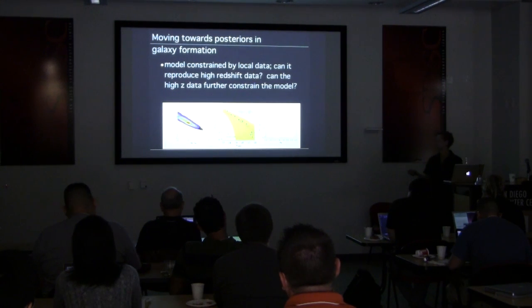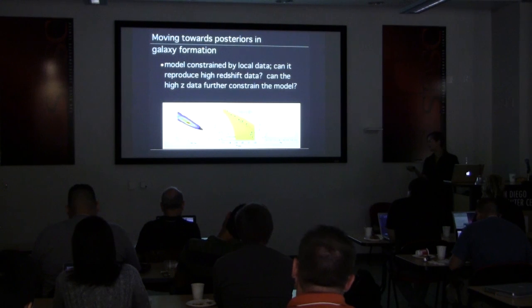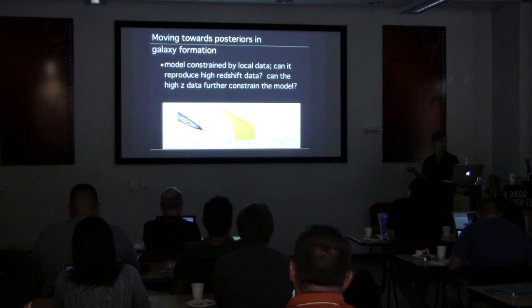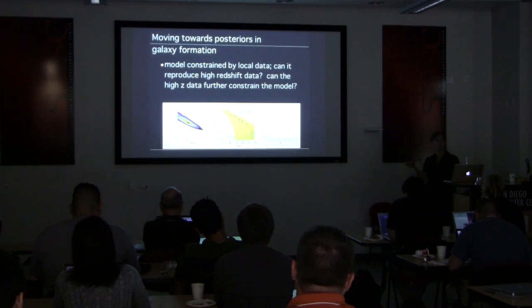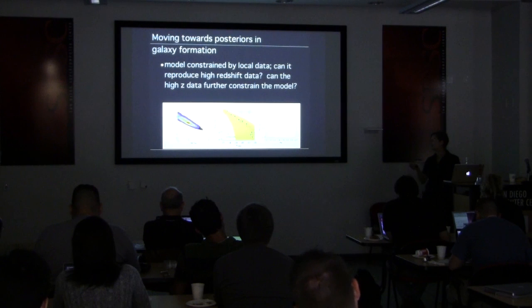And then you can ask, for some other observation, what is the posterior of this model parameter space? And this is what it looks like at redshift 8. This range of models from redshift 0 gives you this range of luminosity functions at redshift 8. This is a particular case where actually the best fit model seems to go right through the data, so that's encouraging.